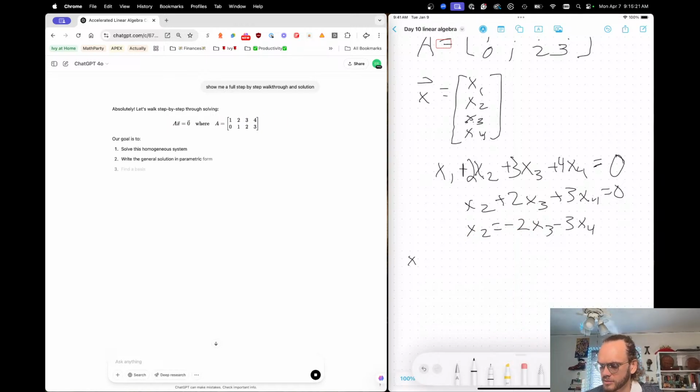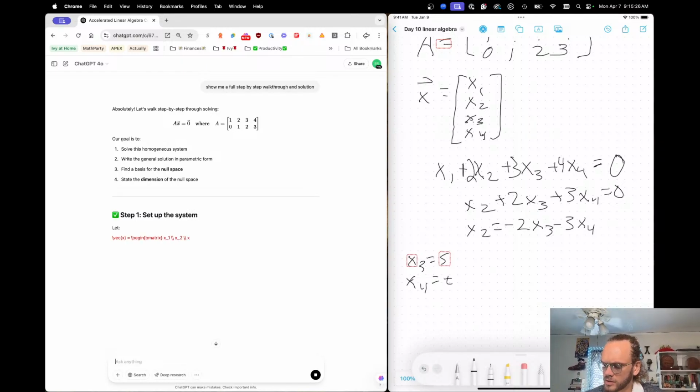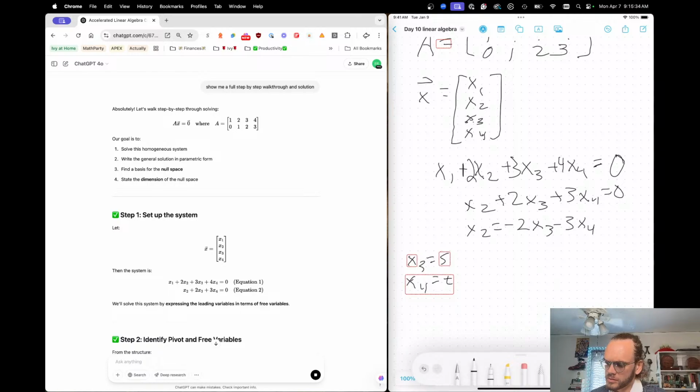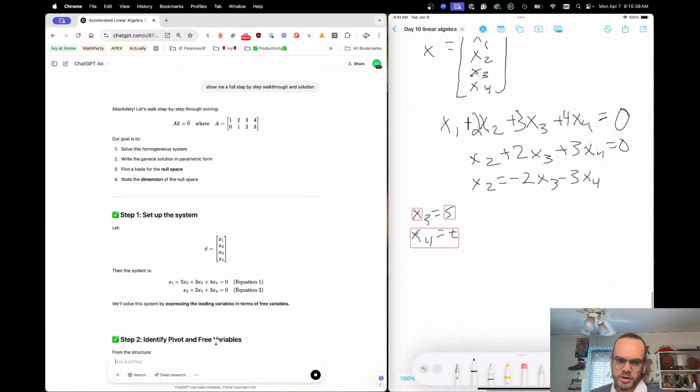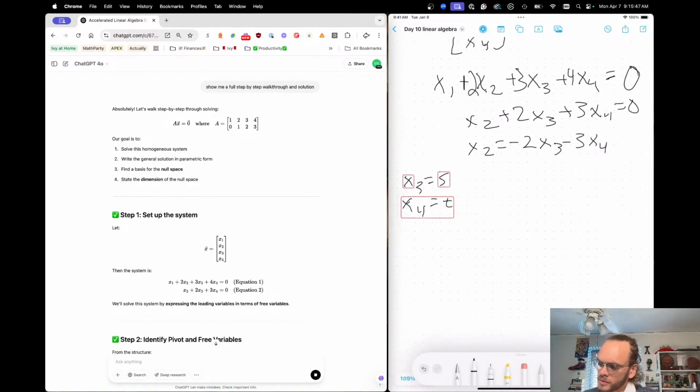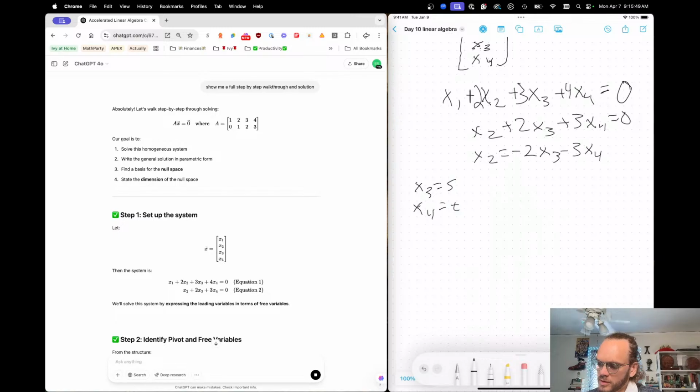I think I'll say x3 equals s, x4 equals t. So then I still need something for, well, I think I need a third free variable, but I'm not 100% sure. Express the leading variables in terms of free variables.